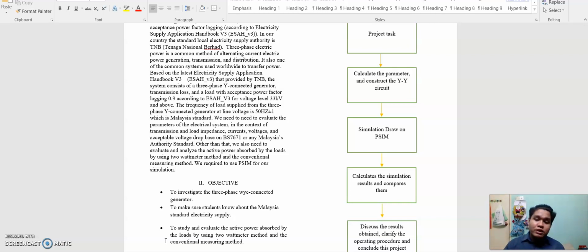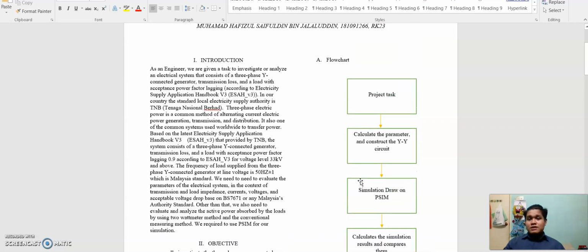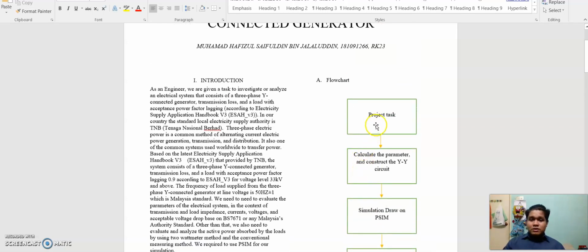So we go to methodology. I have made a flowchart and procedure that is used for this project flow. So this is the flowchart.